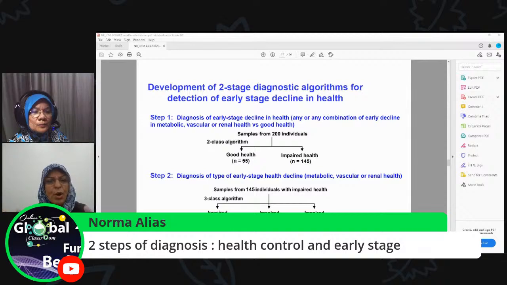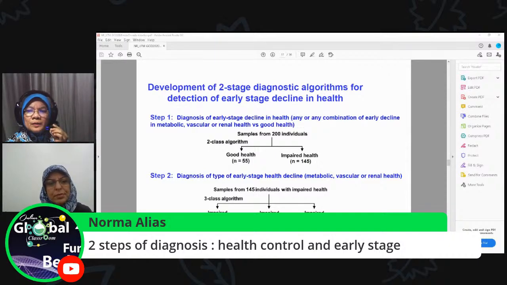We used all 200 individuals' data to train and validate the algorithm for that two-class problem. Then we only used the impaired health people, about 145 of them, and we developed a 3-class algorithm where we wanted to separate each class with different features. That's how we developed this first and second step diagnosis.